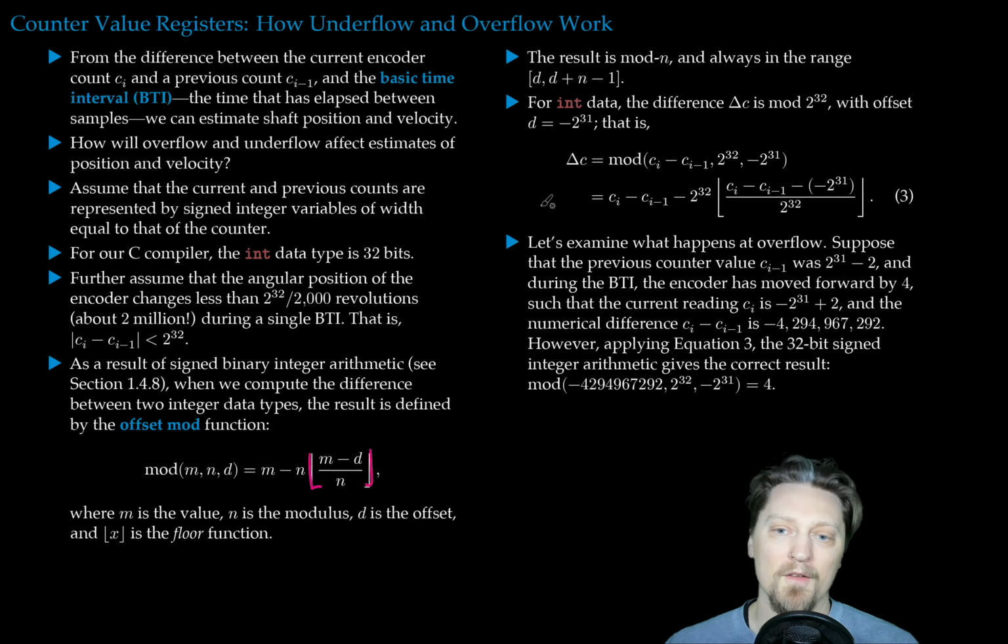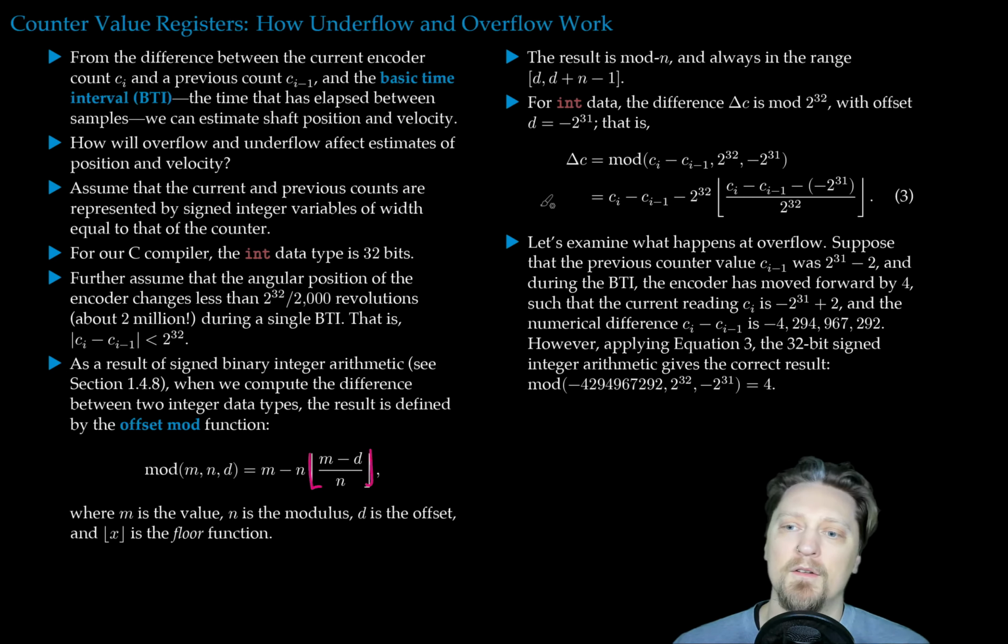Okay, so 4 counts forward, such that the current reading is negative 2 to the 31 plus 1. So we've overflowed back to negative 2 to the 31 plus 2. And the numerical difference between those two numbers is about 4.3 billion.